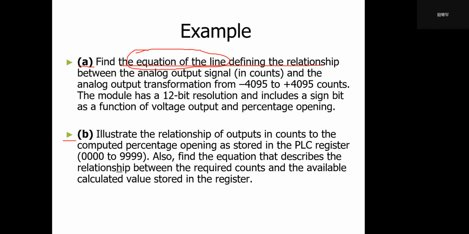Find the equation that describes the relationship between required counts and the available calculated values stored in the register.